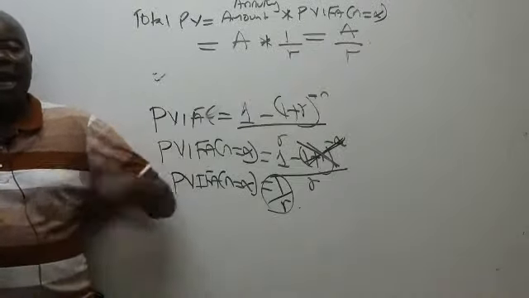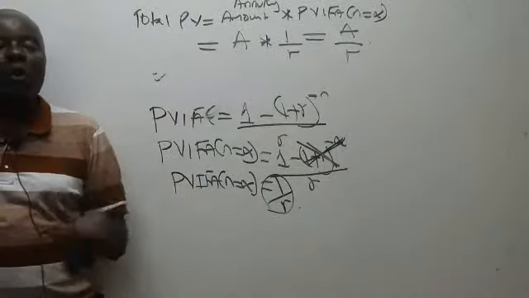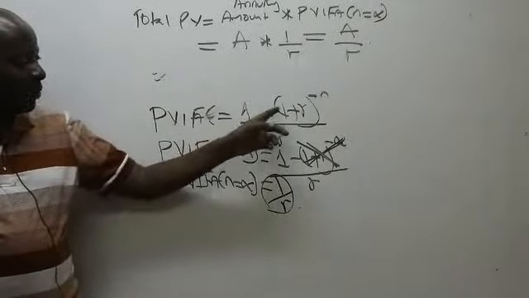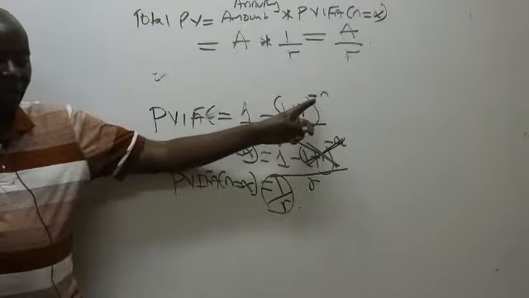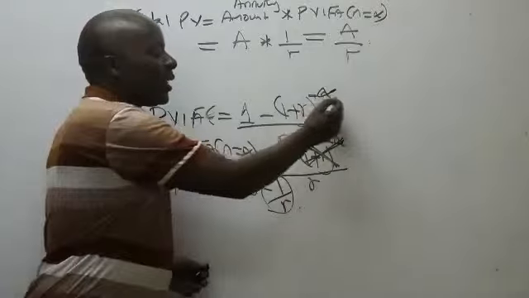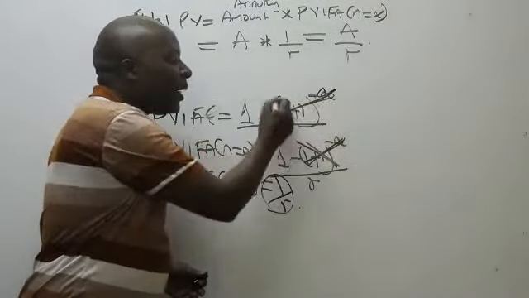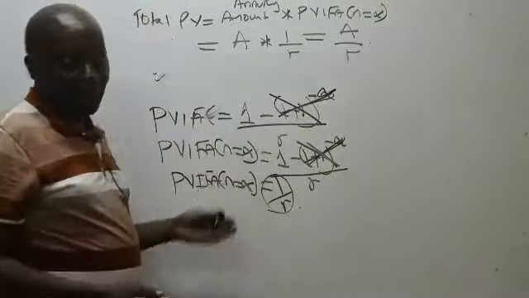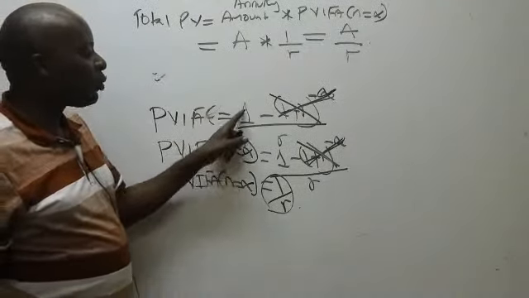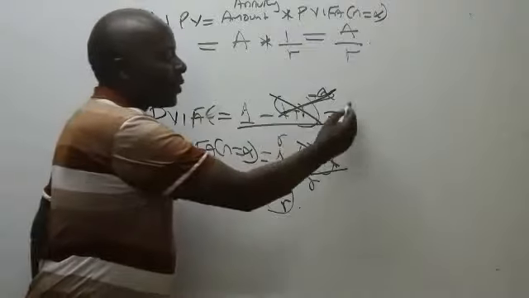So to discount her cash flow, we are using our normal PVIFA, which is 1 minus 1 plus R raised to the n, all over R. But now this time round, n is infinity, meaning that this term can never be there. It will be decimated, meaning that PVIFA when n is infinity is 1 over R.